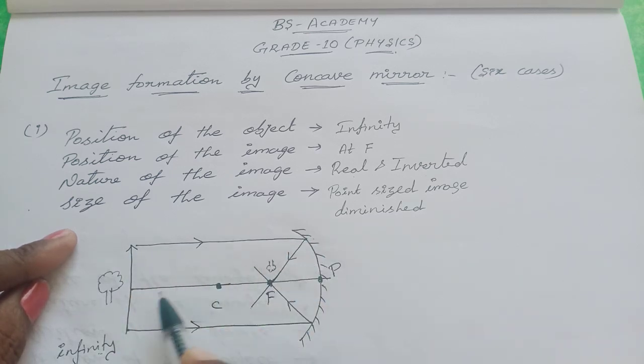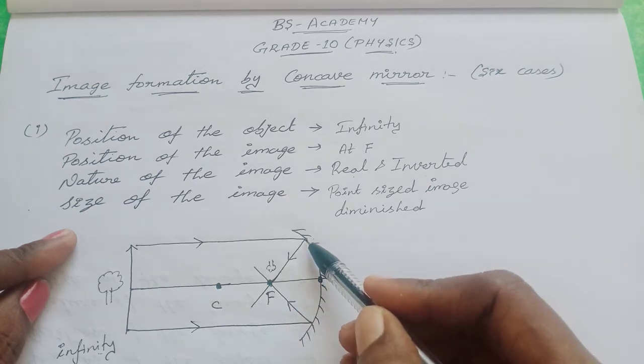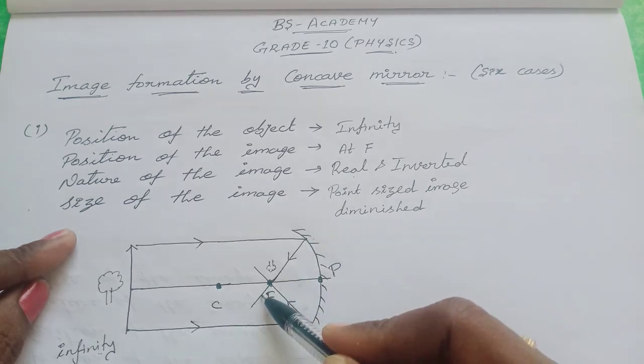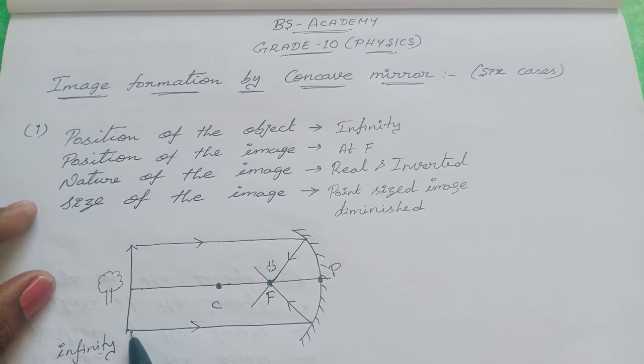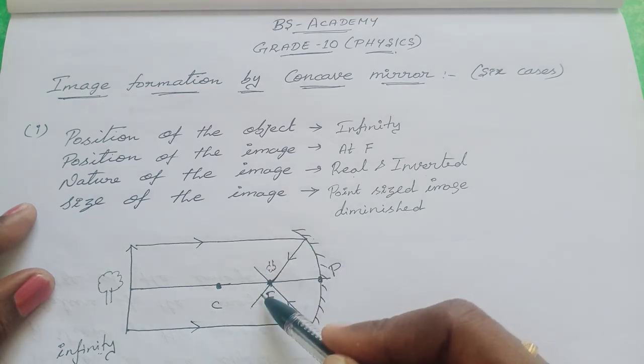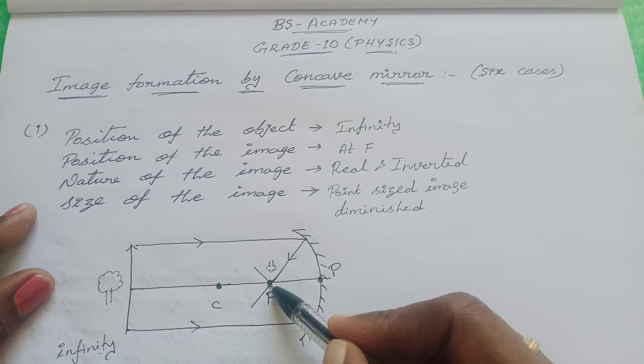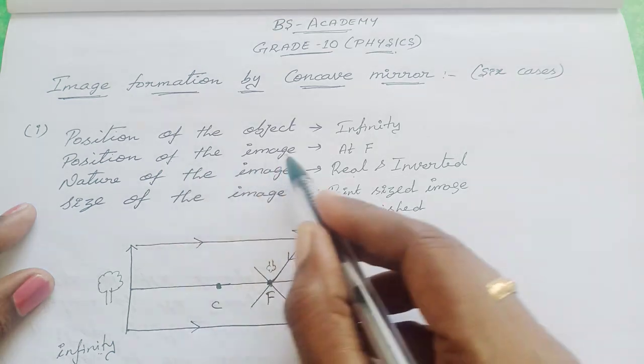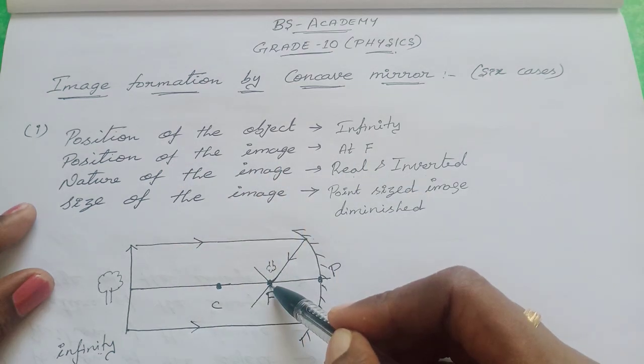Since the incident ray is parallel to the principal axis, the reflected ray passes through the focus. Again, this incident ray falls on the mirror, gets reflected and passes through the focus. So the two reflected rays are meeting at a particular point. That is the point where the image is formed. So the position of the image is at focus.